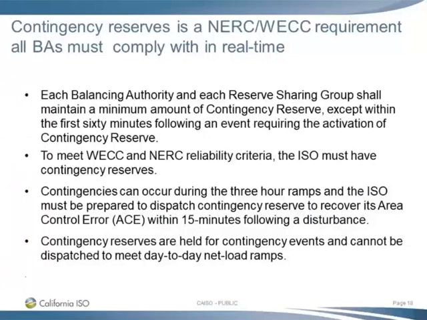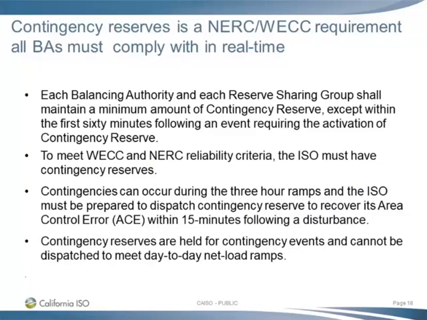So the last thing that we do after we calculate the maximum monthly 3-hour ramps, we look at the contingency reserve. And the reason why we do this, as we explained in previous flex capacity study workshops, is during that ramp, a huge concern is if you have a contingency, then you've got two things to make up.